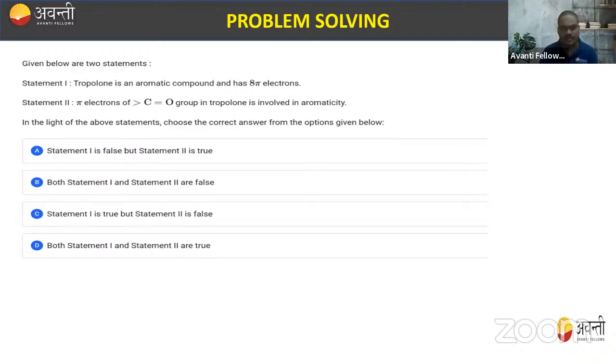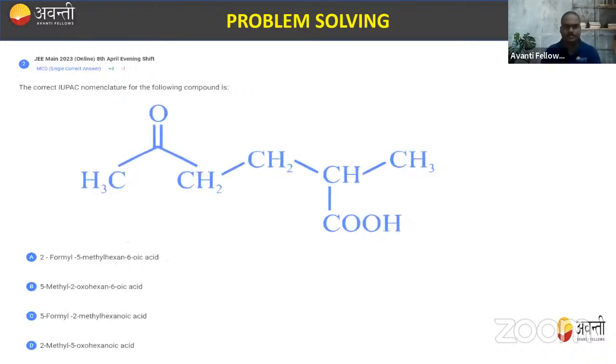So statement one is absolutely correct. Statement two, that the pi electrons of the carbonyl group in tropone are involved in aromaticity, is not correct. So the correct answer is: statement one is true, but statement two is not a true statement.